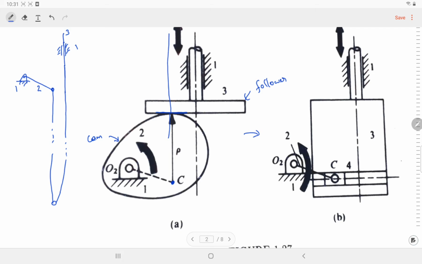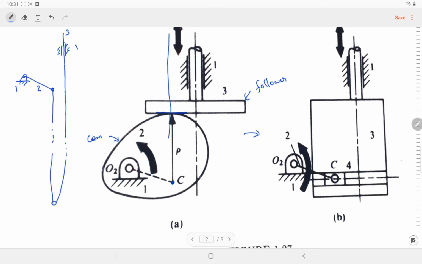So that's the mechanism, but we have also learned earlier that instead of putting a very long link, I could replace it with a prismatic pair. So that's what I'm going to do.